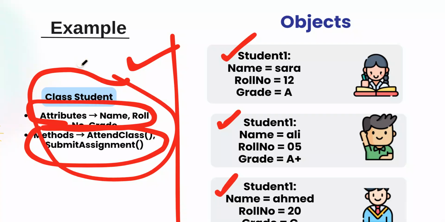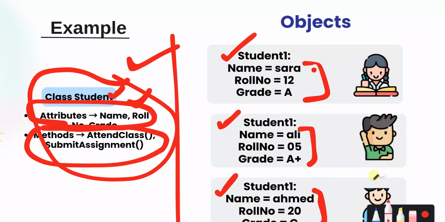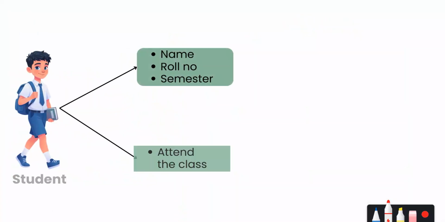Because the class is student, we are creating a student's data against it. For example, this is Sarah, and Sarah gets the same data members as we have defined over here. The second student is Ali, and in Ali we get the same data as we defined in the class. And in the third student, you can see we also get the same data as we have defined in our class.